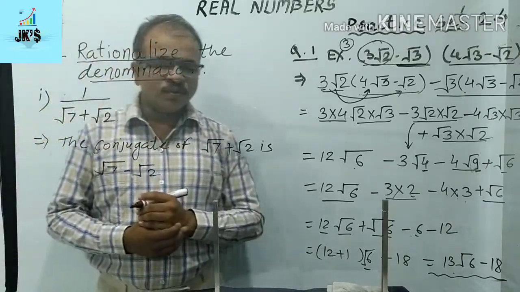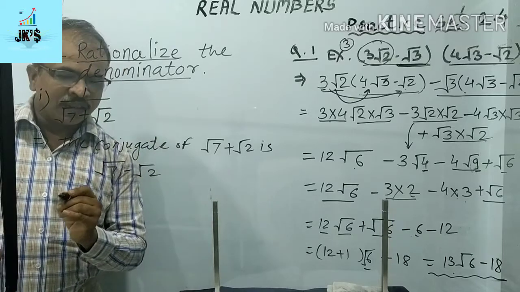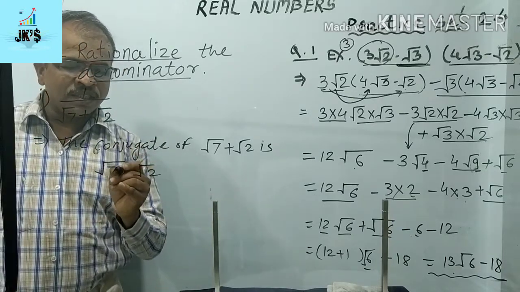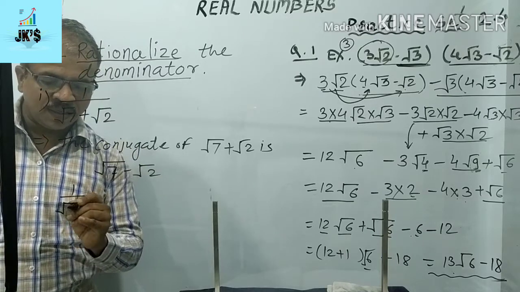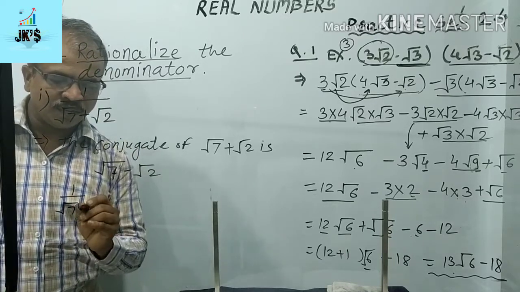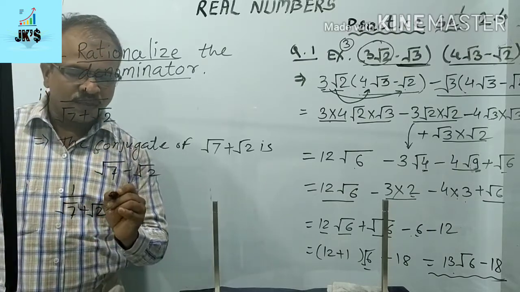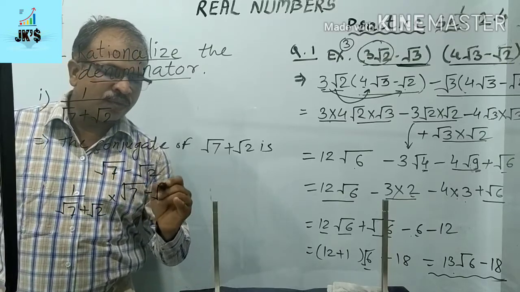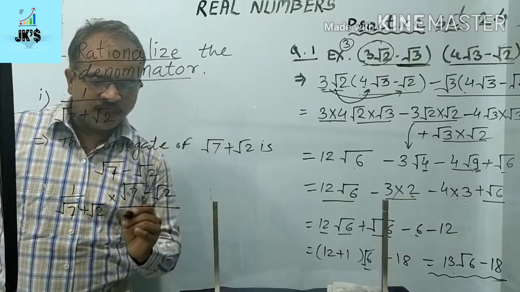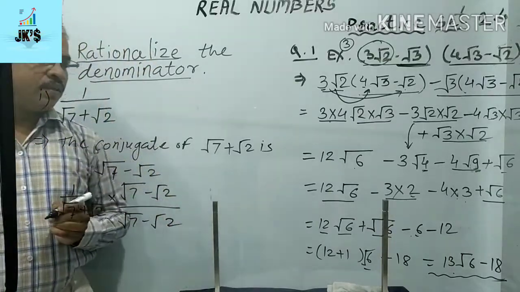Means we have to multiply and divide the given term by √7 minus √2, that is 1 into (√7 minus √2) divided by (√7 plus √2) into (√7 minus √2). So what happened?